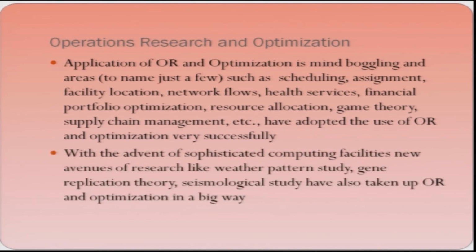Now, in the recent past, even though it is very well known, I would like to highlight that the computing power and the techniques of operation research, and obviously of statistics, have grown exponentially.